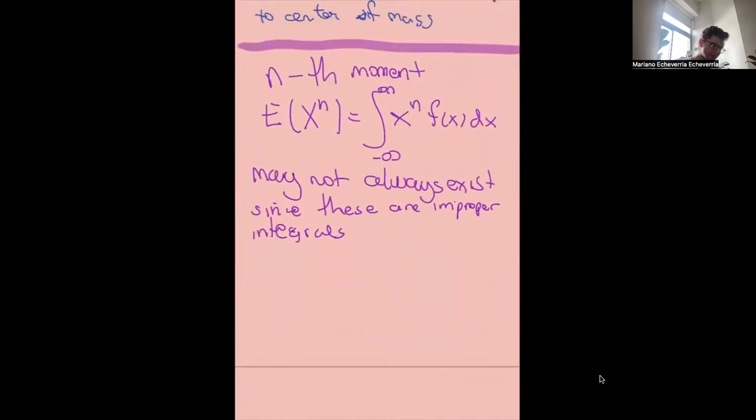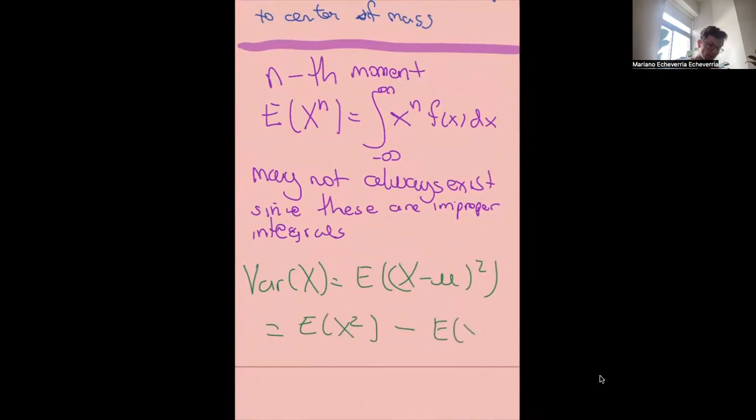And then the variance is the same story: the expected value of (x minus mu) squared, which ends up being the same as the second moment minus the square of the first moment. The derivations are essentially the same as what we did on Monday. Instead of a sum, you do it for integrals, but the properties you had to use are the same.